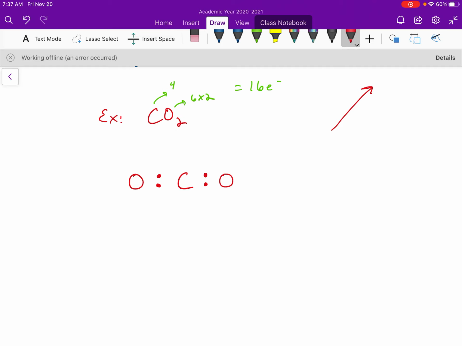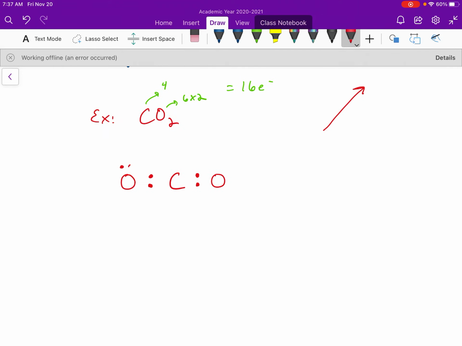Okay, so now we start going around the exterior atoms to satisfy the octet. This oxygen needs 6 more, like this, right? This oxygen also needs 6 more. But I've used 16 now, right? 2, 4, 6, 8, 10, 12, 14, 16.